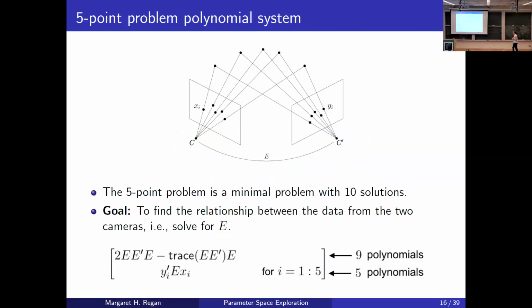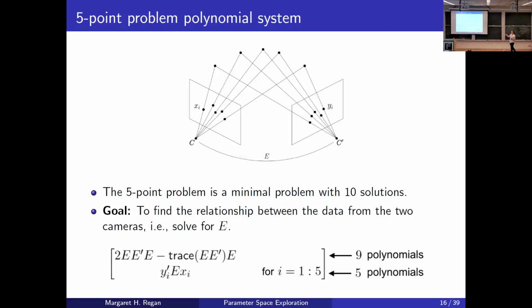And so we're back at this 5-point problem. And so I told you that I would tell you later what the goal of this problem was, and so later is now. So we have these 2 images that have captured those 5 stickies, right, on the 3D object in space. And our xi and our yi are the parameter values, and our goal is to solve this polynomial system to obtain the relationship between the 2 cameras.